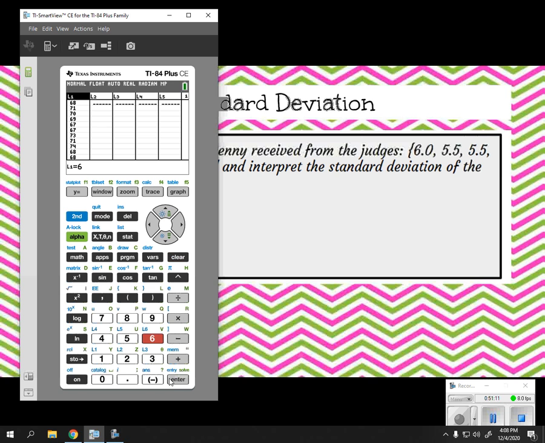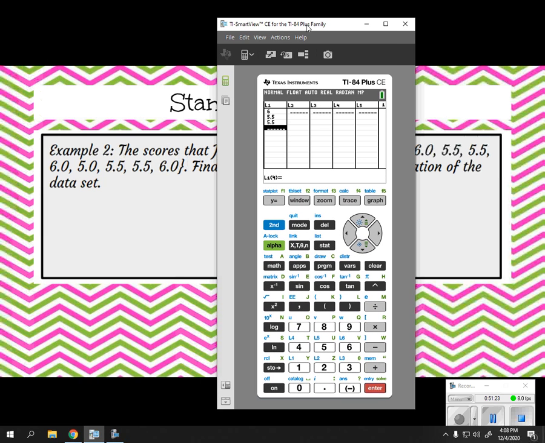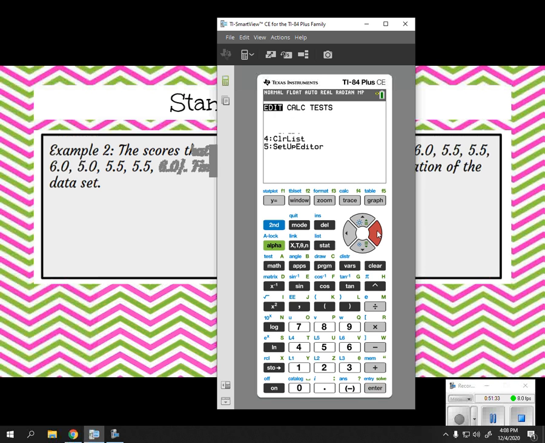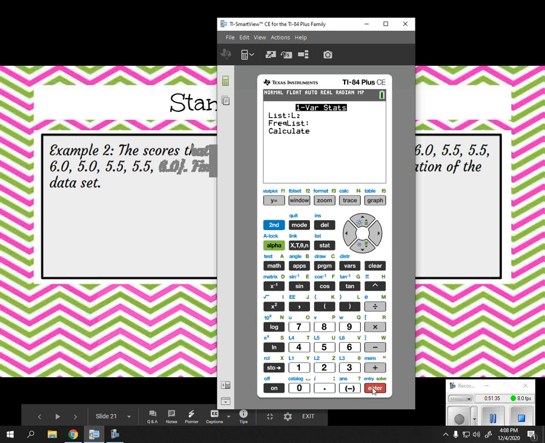So we've got 6, 6, 5, 5, 5, and 6, 5. These numbers feel very consistent, right? So we should get a relatively small standard deviation, I suppose.